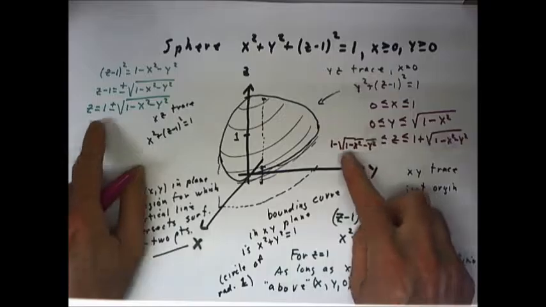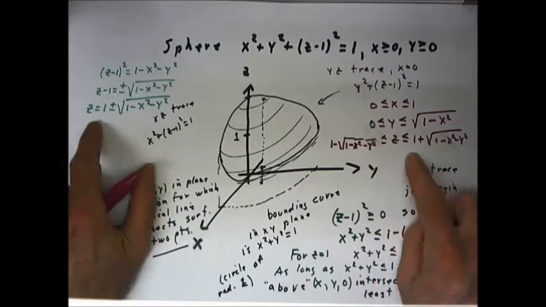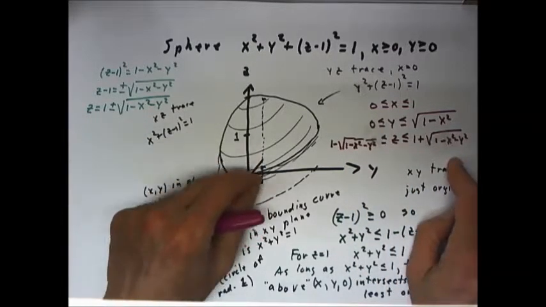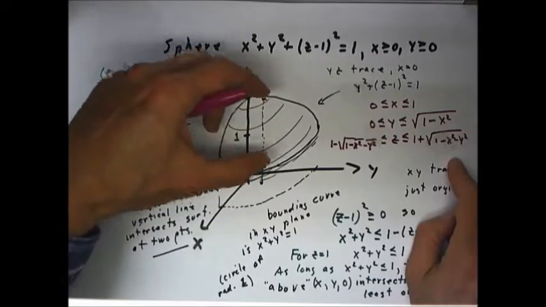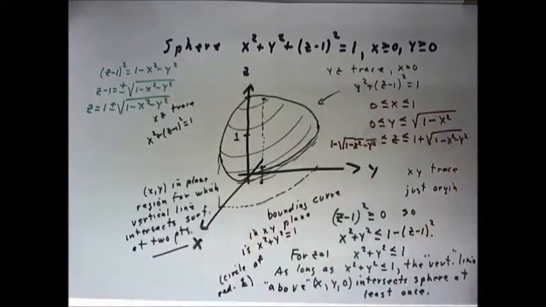Okay, z goes from 1 minus the square root to 1 plus the square root. For those values of z, we're inside this awful looking sphere.